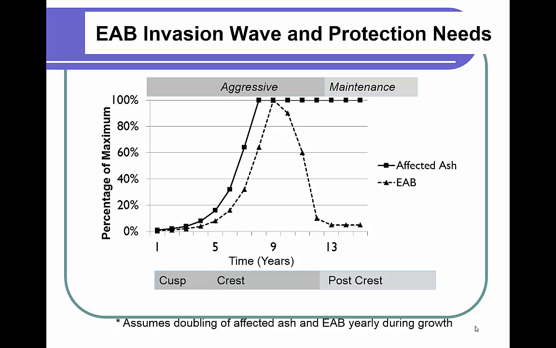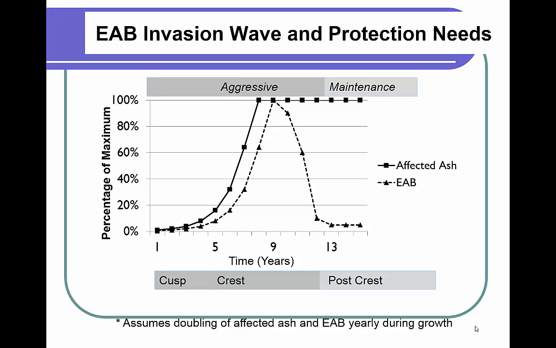And typically, the way emerald ash borer moves into an area and causes damage is indicated in this graph here, again from Indiana, Purdue, where basically we see incremental effects of the insect developing over time.